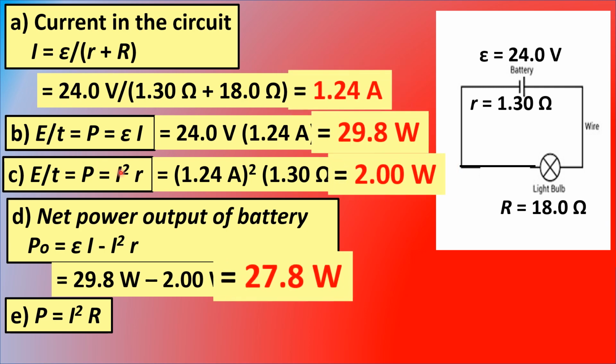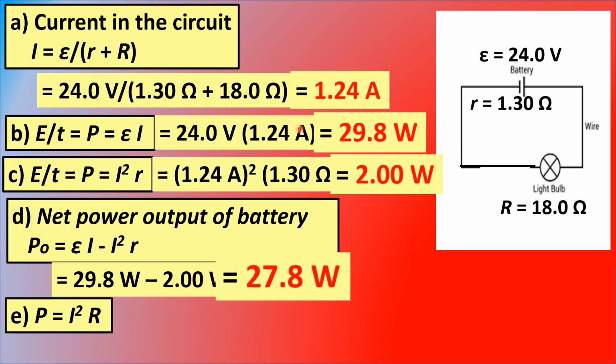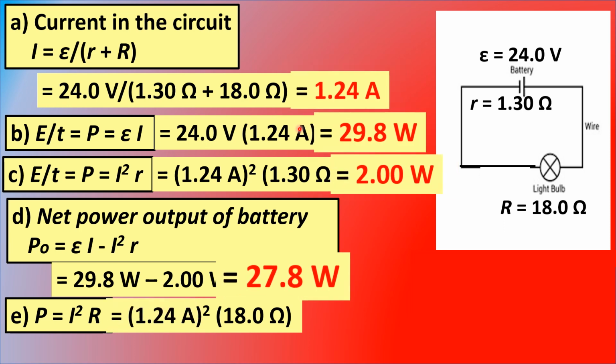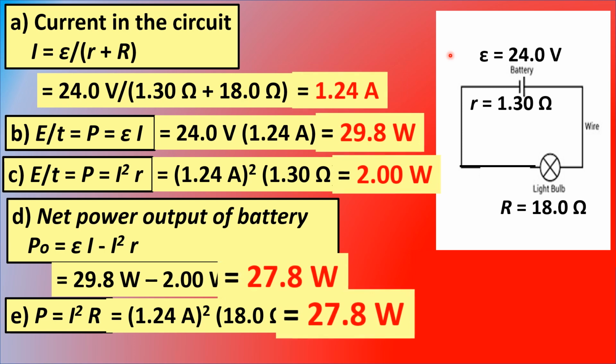When you say dissipated, this is the amount of electrical energy that is being converted into thermal energy as well as light energy. And that's precisely the function of an electric bulb. So, substituting the calculated current, 1.24 amperes, squared and multiplied by the value of the external resistance big R, 18.0 ohms, we get this power dissipated in the bulb equal to 27.8 watts.